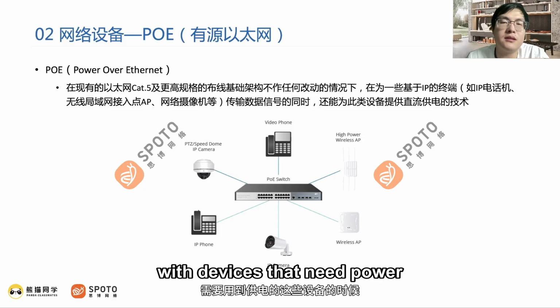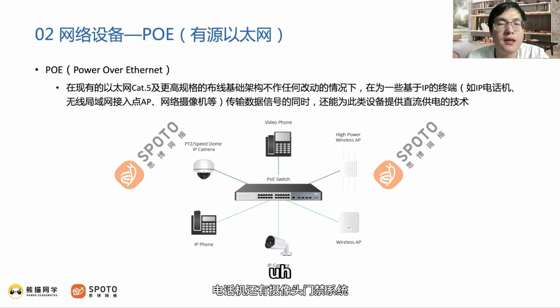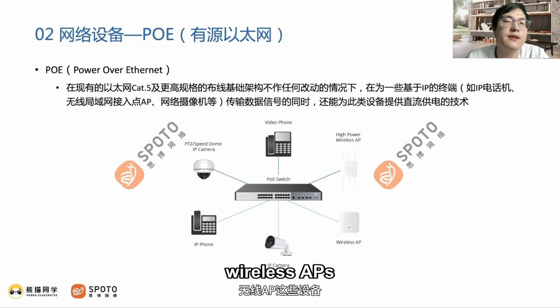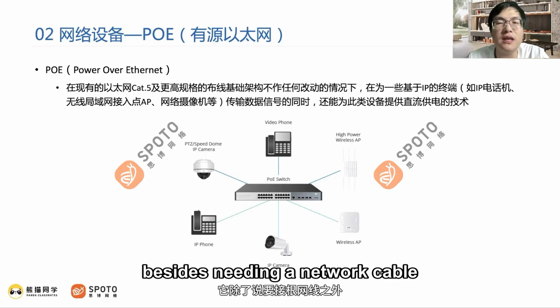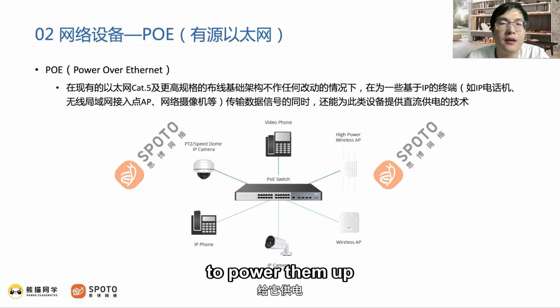So this is for devices that need power, for example, mainstream IP phones, also surveillance cameras, and wireless APs. These devices, besides needing a network cable, also need a power supply to power them up.